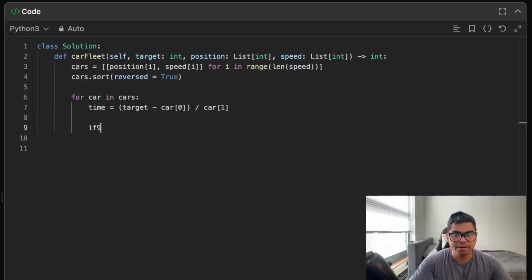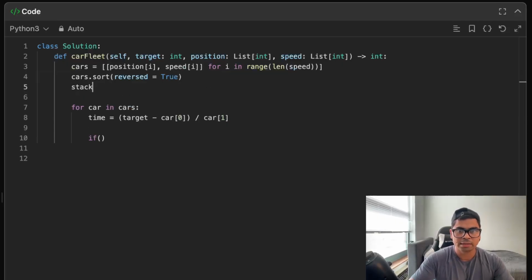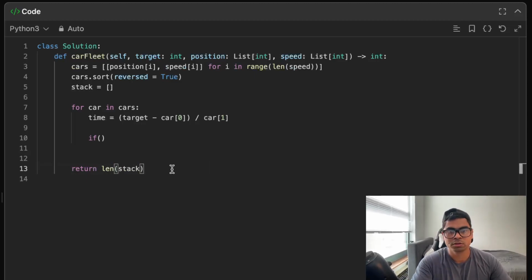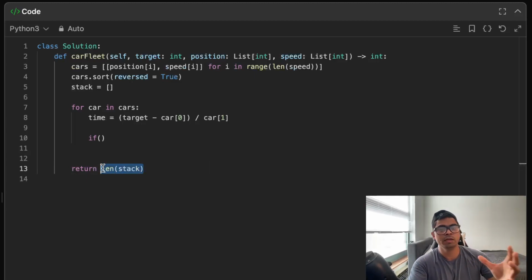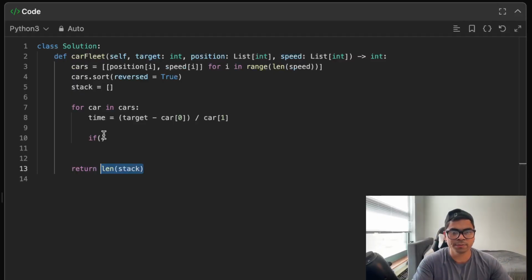what I'll do is, I forgot to create this stack. At the end, stack is what we are going to return the length of. So return length of the stack. This will tell us how many fleets will arrive at the destination.